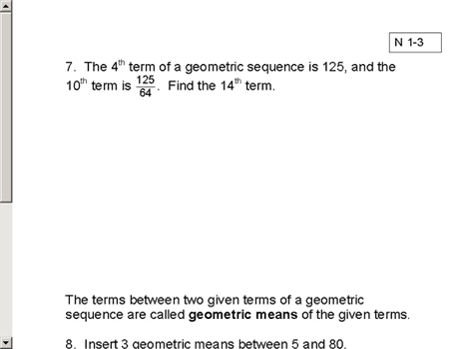All right, next one. This one's fun. All right, you ready? So here we have A4 is 125. So we have A4 is A1 times R to the what power? 3. Right? 4 minus 1. So A4, we know is 125, so we're going to plug 125 in right there.